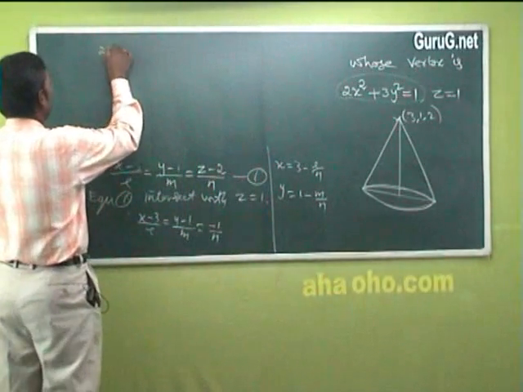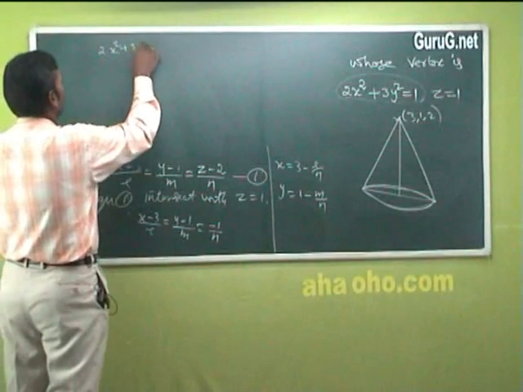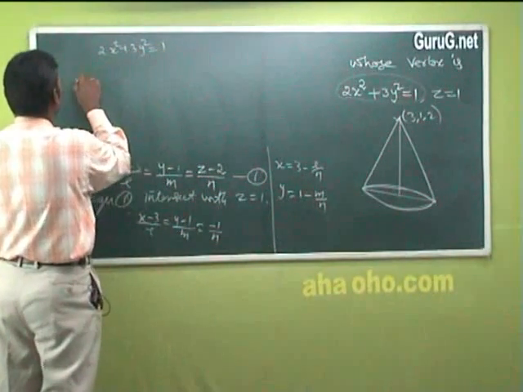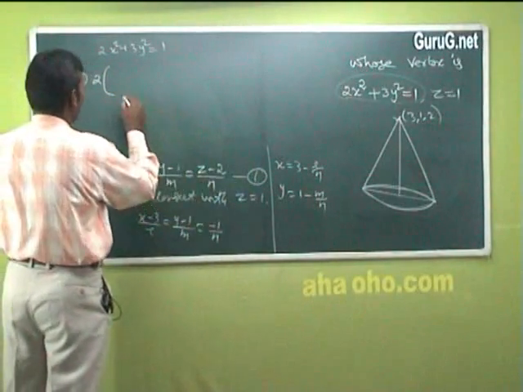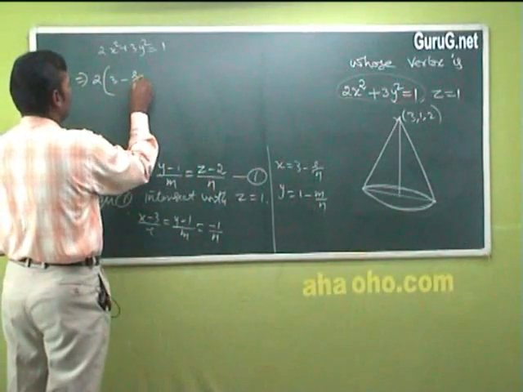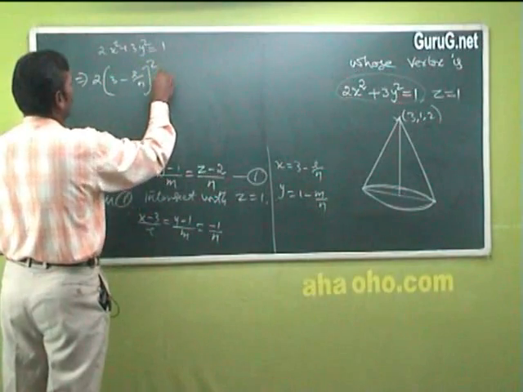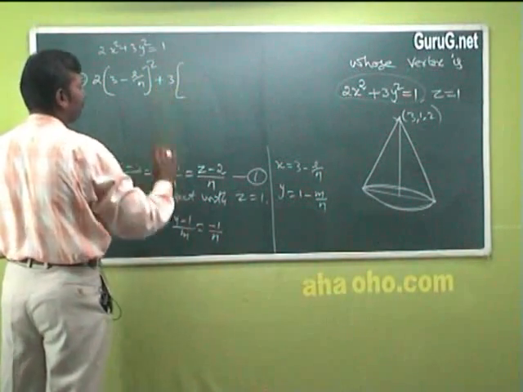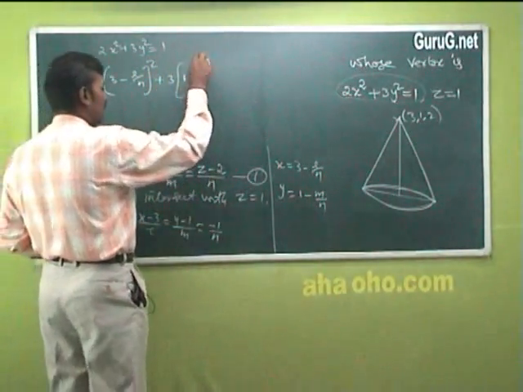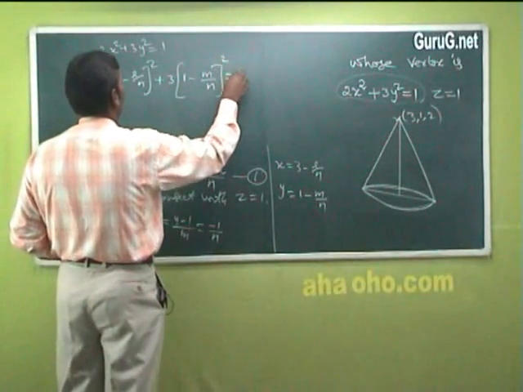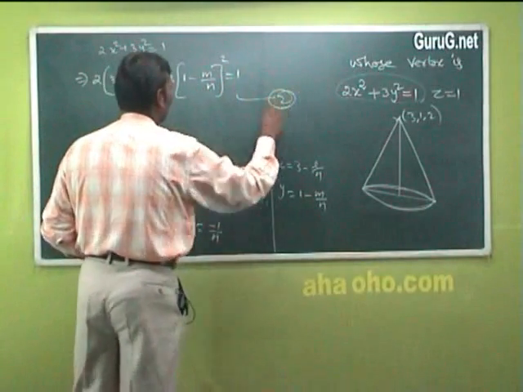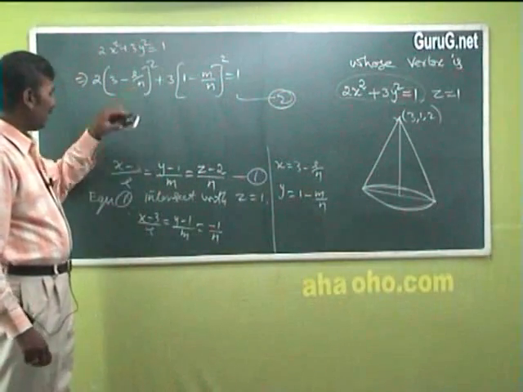So 2x squared plus 3y squared equal to 1 becomes 2 into (3 minus L by N) the whole square plus 3 into (1 minus M by N) the whole square equal to 1. Take it as equation 2. Now what is L by N?